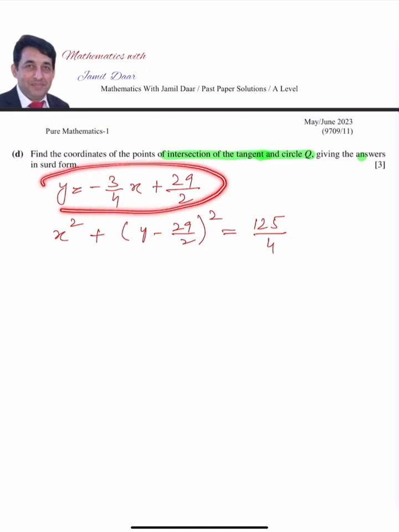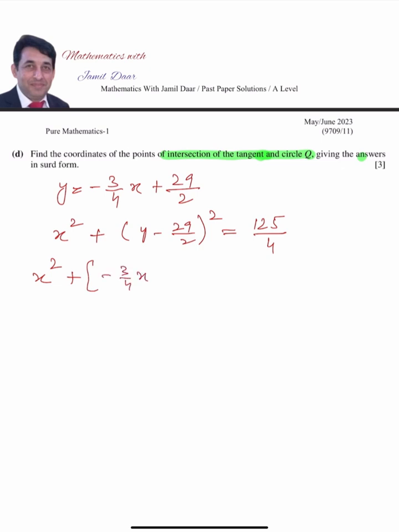So we'll substitute this y in the equation. x square plus, substituting y, (minus 3 by 4 x plus 29 over 2 minus 29 over 2) whole square is 125 over 4.